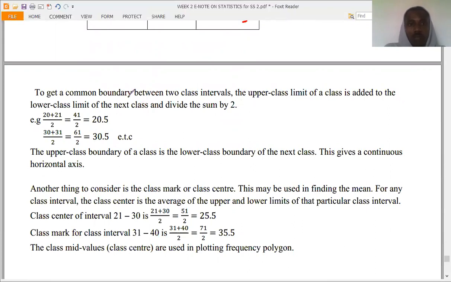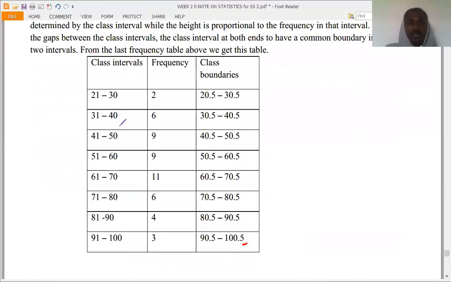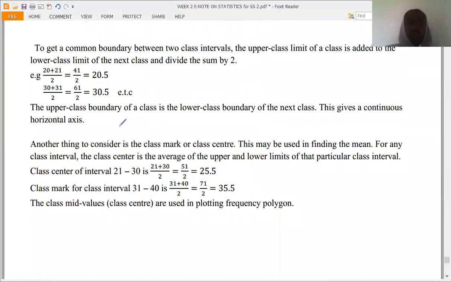To get the common boundaries, you take the sum of each of them and divide by 2. So that's 20.5, 30.5, and so on. I hope I'm making sense. The upper class boundary of the class is the lower class boundary of the next class. This gives a continuous horizontal axis.